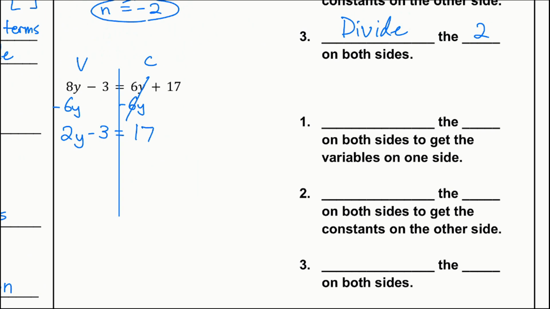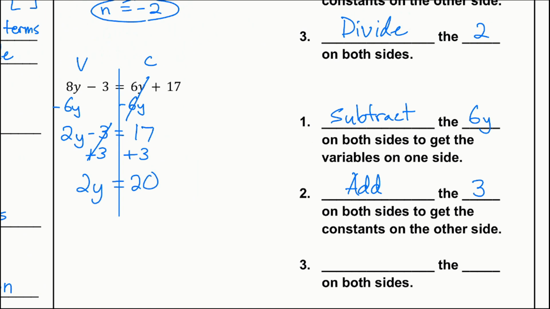So we subtract the 6y on both sides. Then what we're going to do to get our constants on the other side is we're going to add 3. Add the 3 to get our constants on the other side. 2y equals 20.